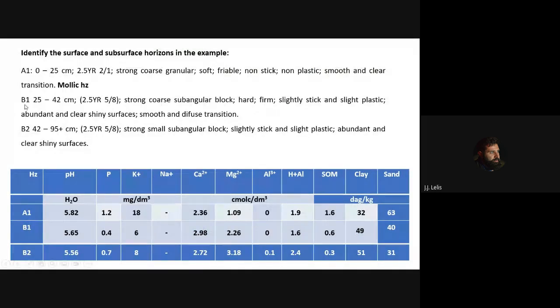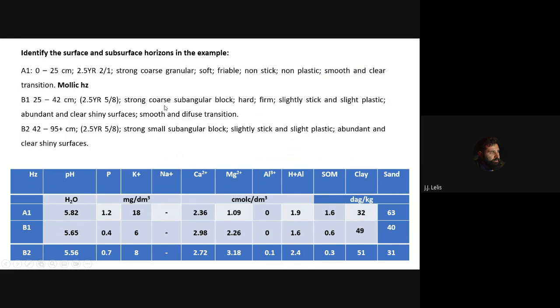Here we have the B1 and B2 horizons, and now we need to identify the subsurface horizons. Okay, let's see. The B1 and B2 are very similar. They have similar color, and a slight variation of structure. Here, strong, coarse, subangular blocky, and here, strong, small, subangular blocky.